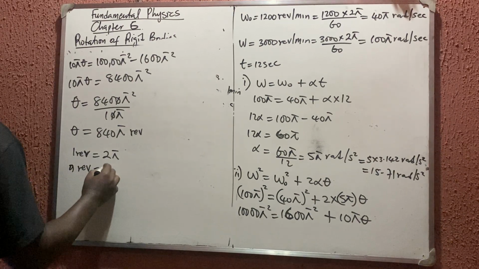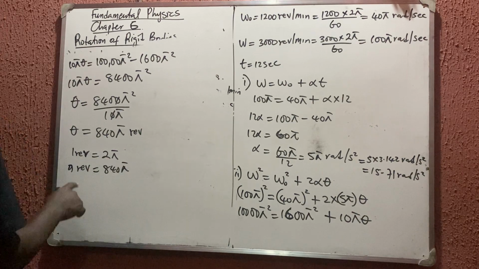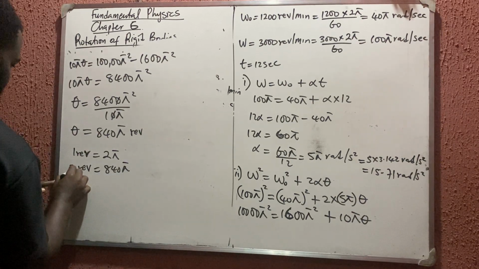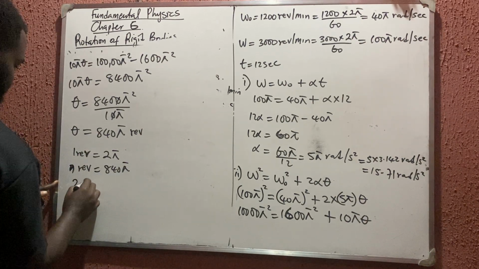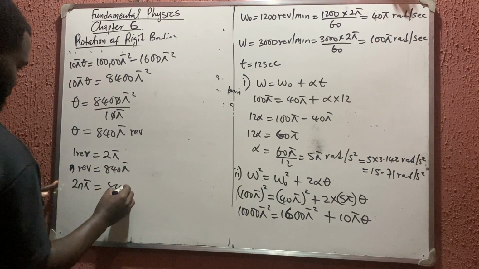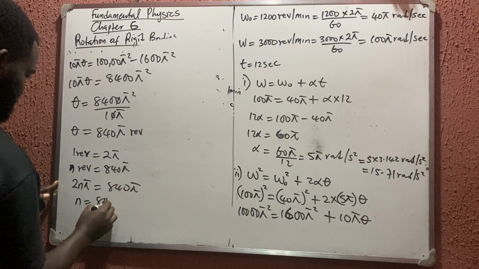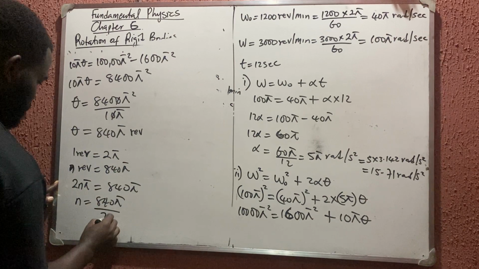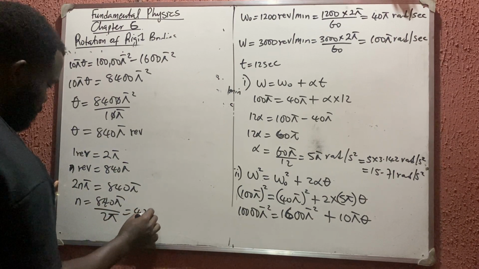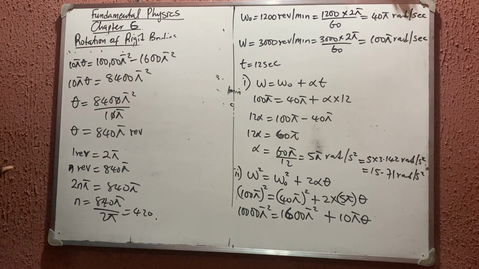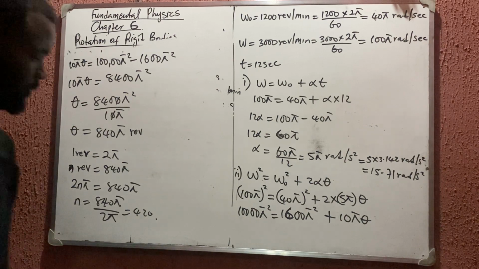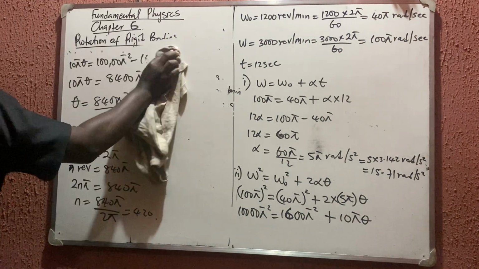If you cross multiply, you see that 2n pi will give you 840 pi. So therefore, n will be 840 pi divided by 2 pi. So that's how we got 420. So the number of revolutions will be 420. Very, very simple. So we go to the next question.